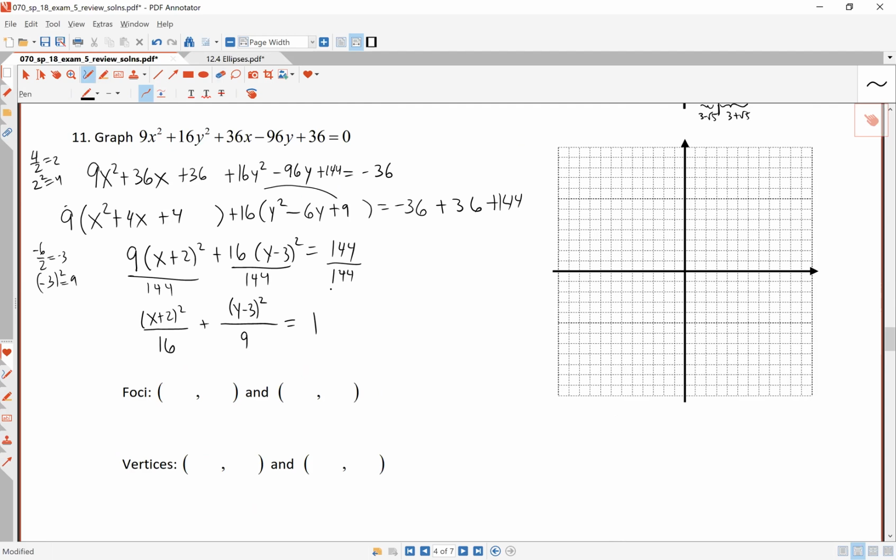The center is (-2, 3). In the x direction, we go 4 both sides, and then 3 up and down.